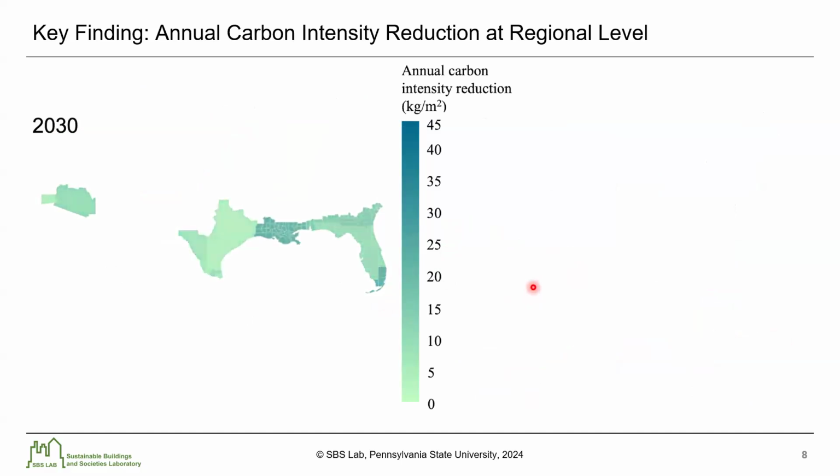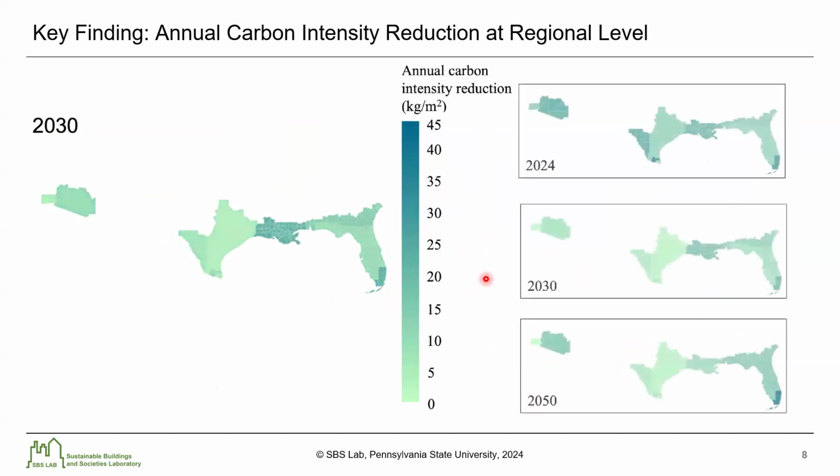After we calculated the carbon emission factor in those 3 hot climate zones, here is the result for the annual carbon intensity reduction. You can see that from the long-term perspective, the annual carbon intensity reduction gradually decreases, which means the building emission decreases in the long term. However, in specific years, different regions have different trends.